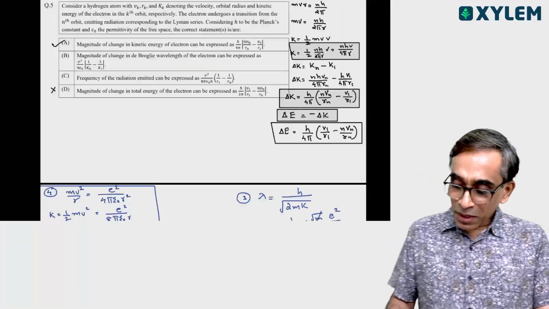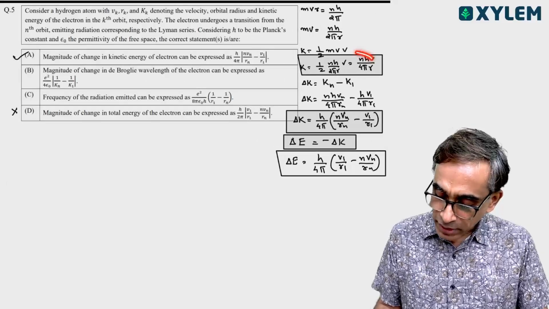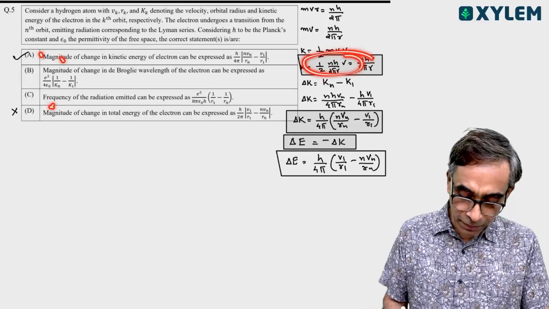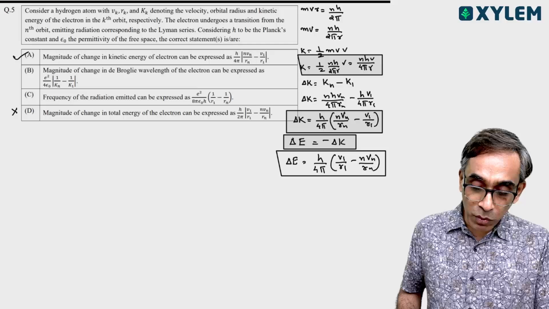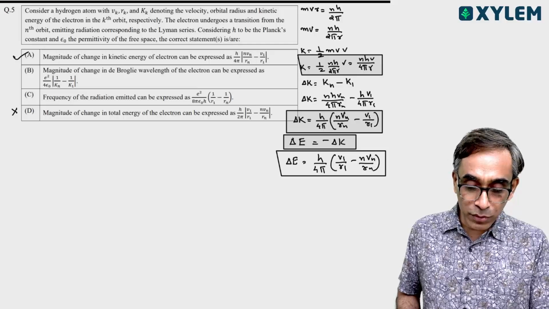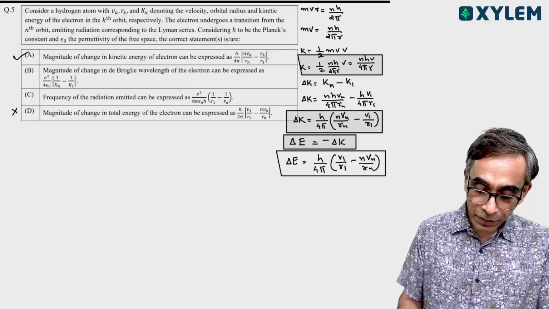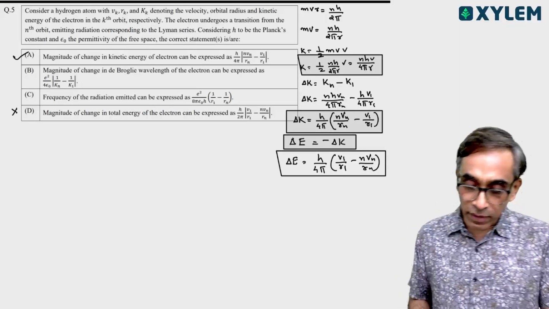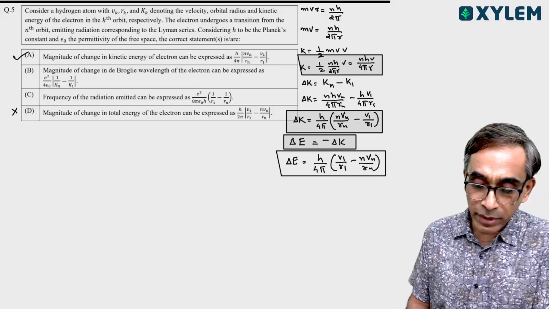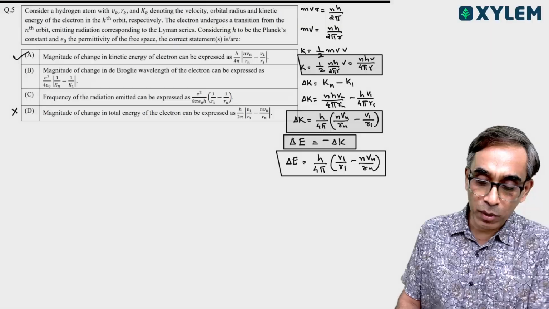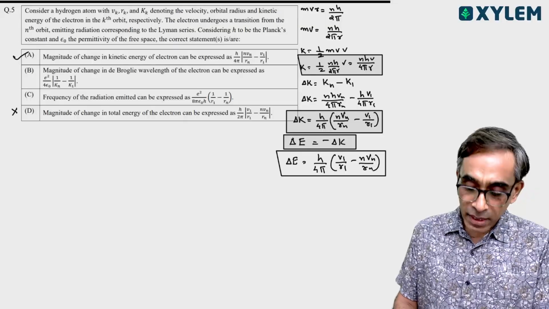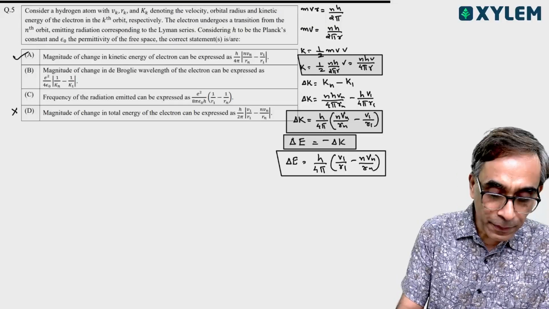So by forming this equation, we are able to solve two of them. Now what is given is that you have to find the de Broglie wavelength. To find it, let us write the equation of de Broglie wavelength.